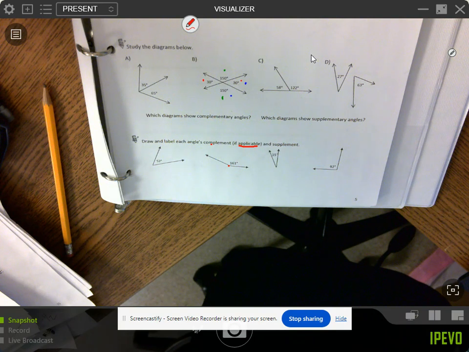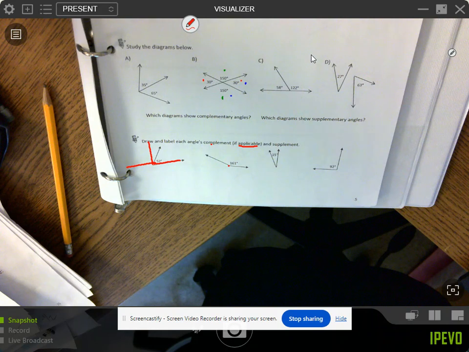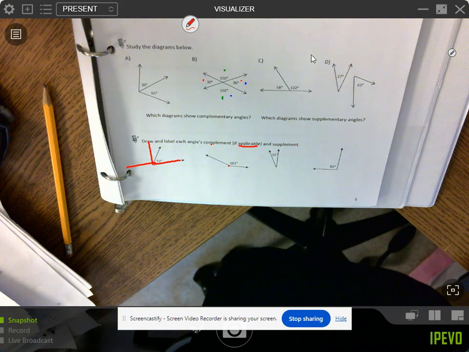Yeah. So I'm going to look at that vertex. I'm going to say, okay, here's my bottom line. I'm going to go straight up for it to be 90 degrees, and I'm going to go straight to the left for it to be a straight angle. I'm not done. I have to put what the angle measurement must be to make it a complement, and what the angle measurement must be to make it supplementary.